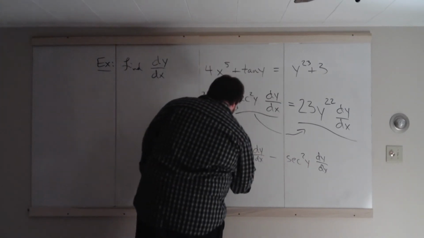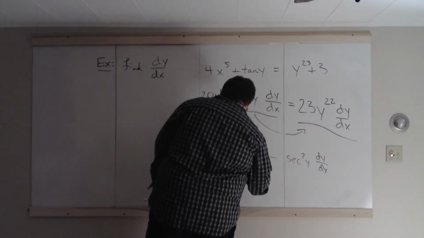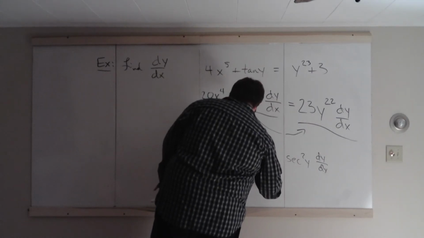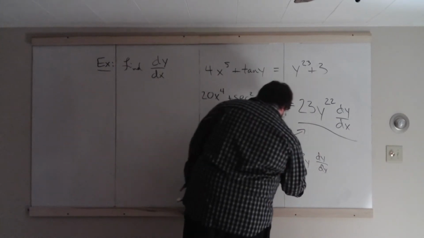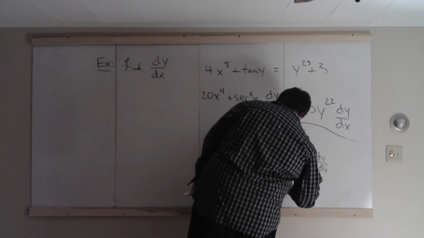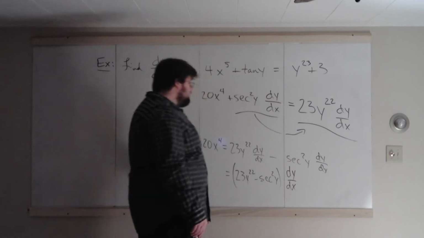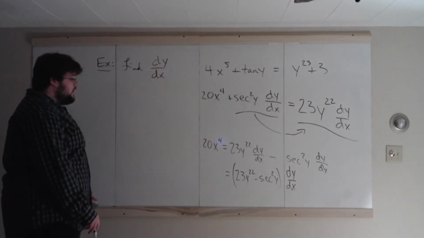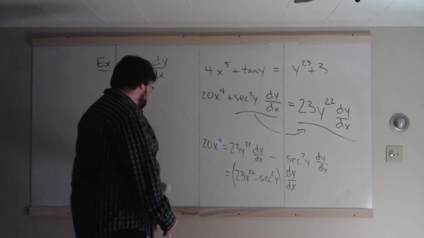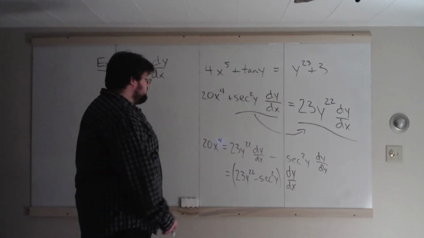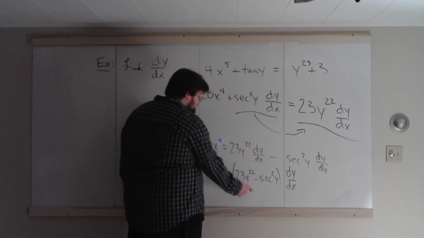So we can factor that out. So on the right side, we can factor out a dy dx. Factor out a dy dx here, you're left with 23y to the 22nd.